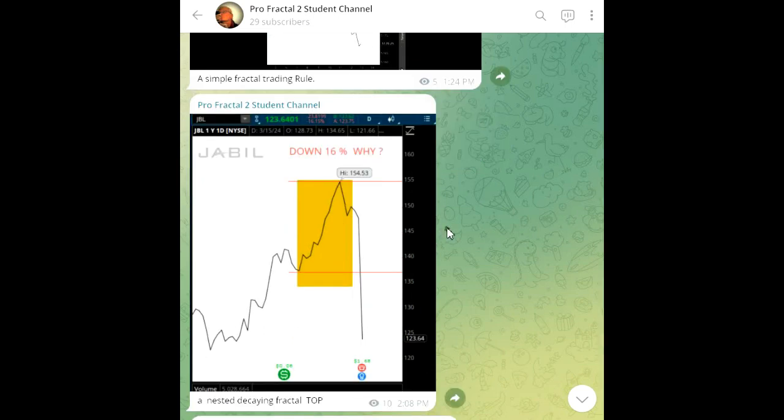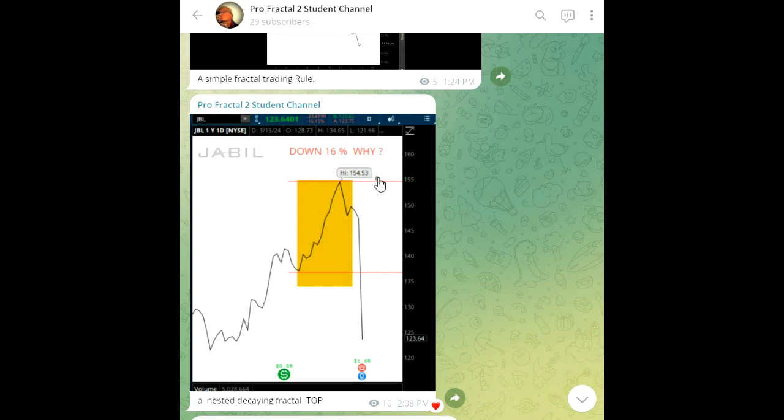Big one here. How many times have we seen this decaying fractal? It's a stock. Now we're trading the micro, etc., but you can apply the fractals to a stock. And on a daily chart, this one went down 16% from the top there to the bottom.